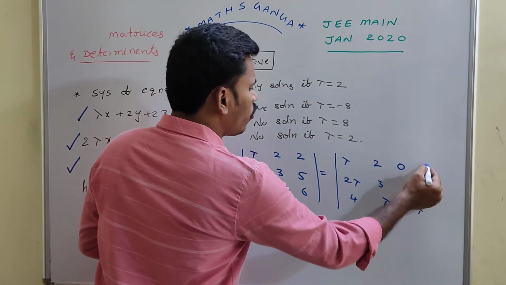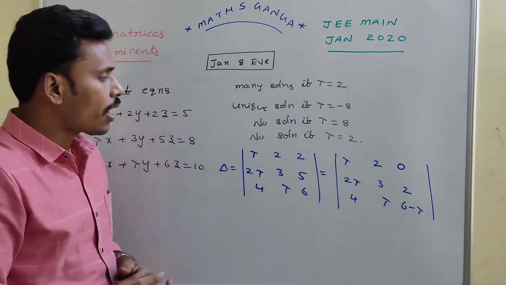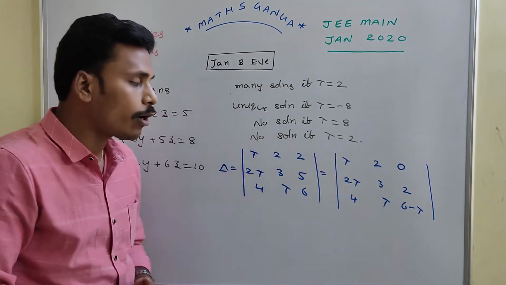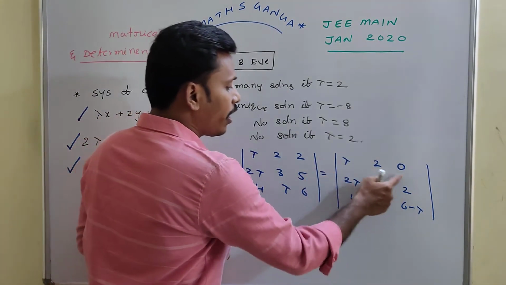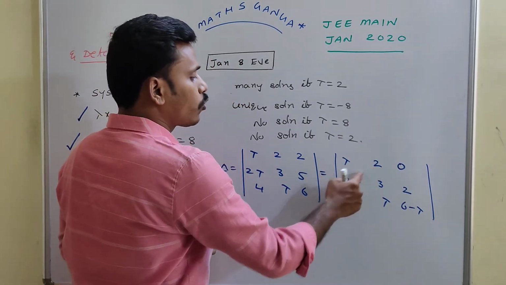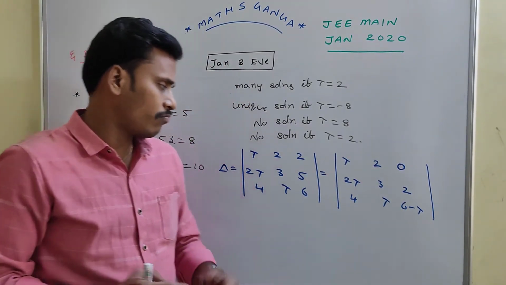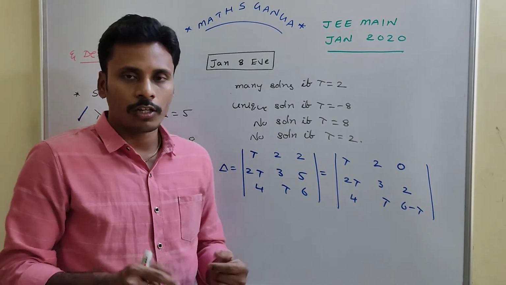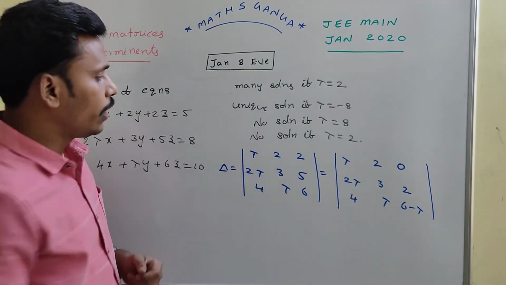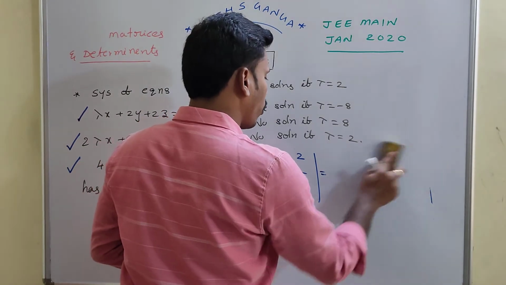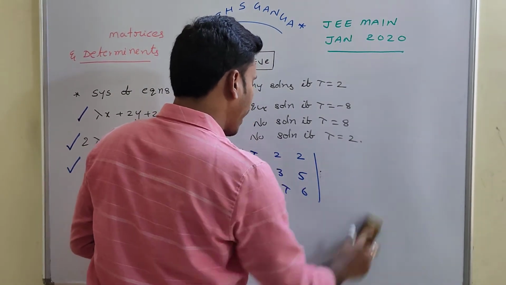In any way you can do it. Calculating the determinant is lambda into the determinant of this, minus 2 into the determinant of this. Here I have 6 minus lambda. This is also somewhat complicated, so leave it and directly calculate its determinant. How can we calculate its determinant?